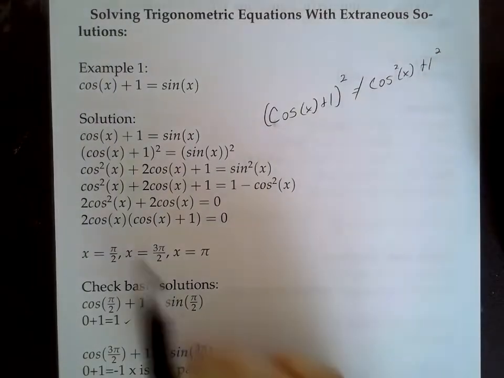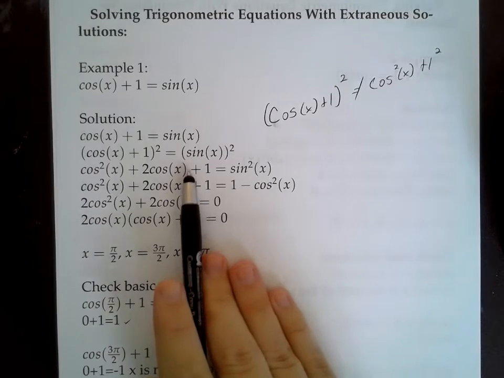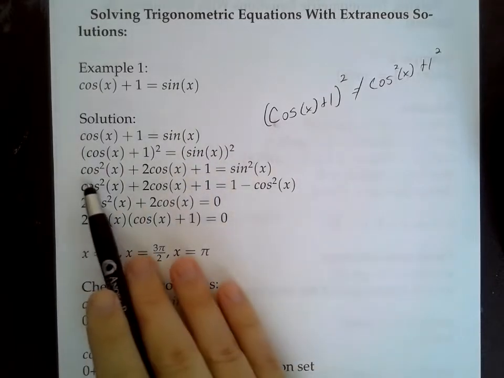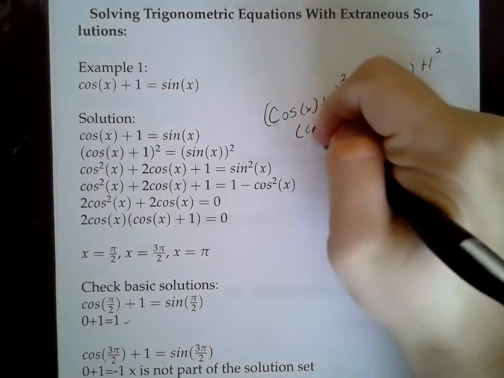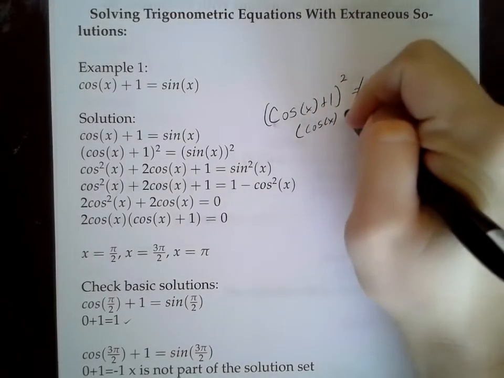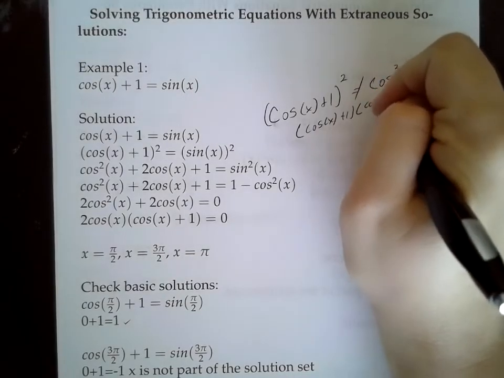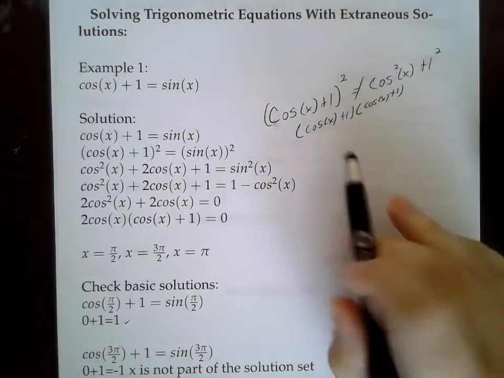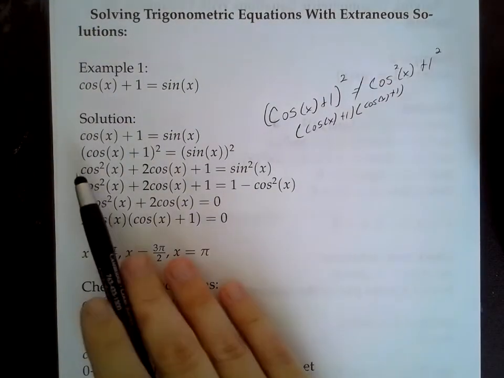So be careful. When you have something like this squared, you do need to FOIL it out. If you're having trouble getting this left-hand side, it's because this is actually equal to cosine of x plus 1 times cosine of x plus 1, and you need to actually multiply them out. All right, so that takes us here.